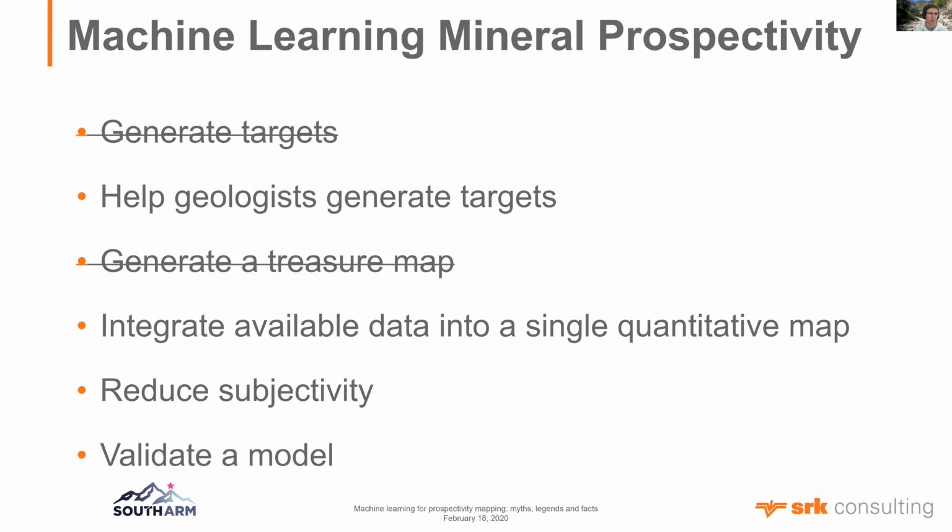It reduces subjectivity, and it's a good tool to validate an exploration model. If the algorithm says that the data we put in is not useful for exploration, probably we have the wrong exploration model, we're using the wrong exploration vectors, and we should think again. It's also a good tool to see what the data gaps are, go back in the field, collect this data, and be able to have a better model.